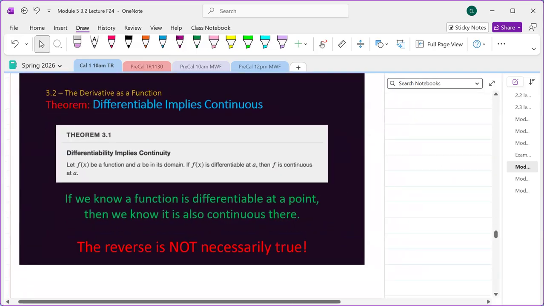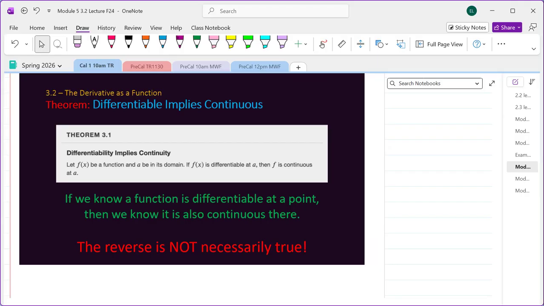All right, so we have a little theorem. If f is a function and a is in its domain, if f is differentiable at a, then f is continuous at a. So to claim that something is differentiable, you are claiming that the particular limit at that point as h goes to 0 exists.